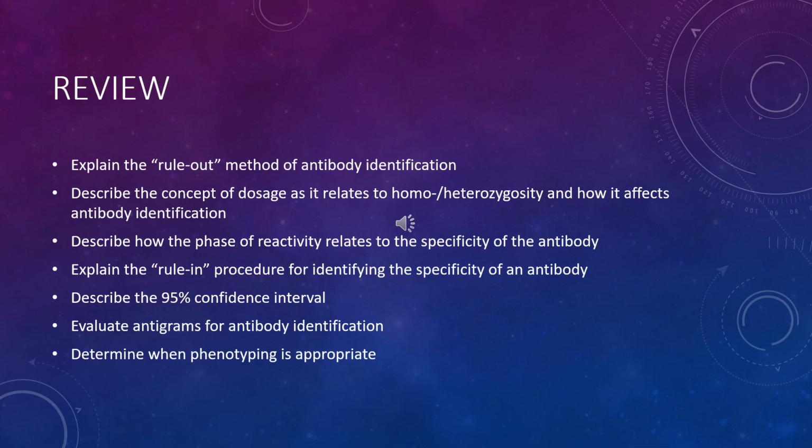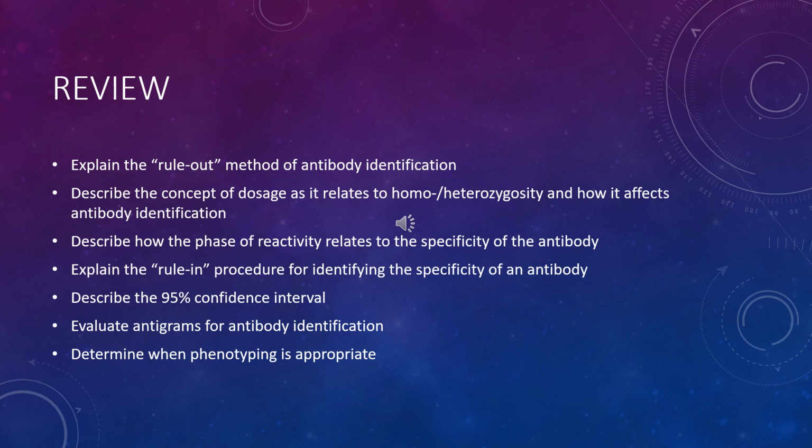This is where you use your negative reactions to cross off homozygous antigens to help you narrow down which antibody or antibodies may be present in your patient plasma. Describe the concept of dosage. It's an important one. It's going to show up on your board exams for sure.